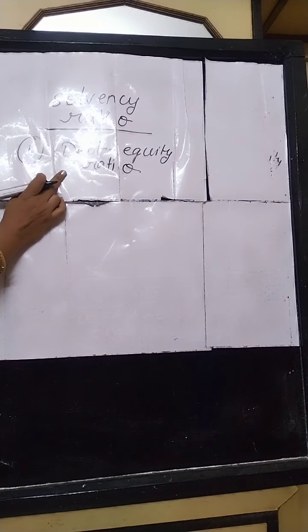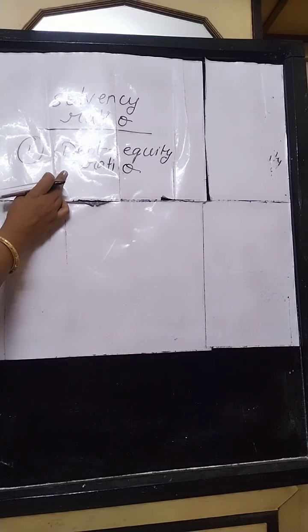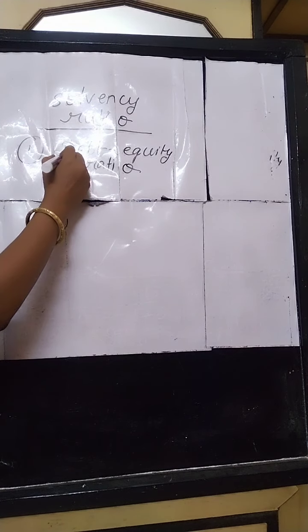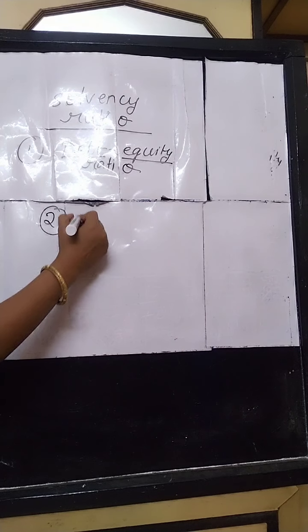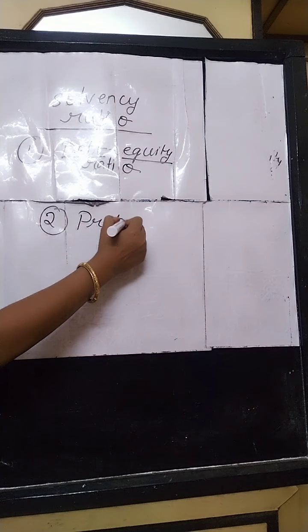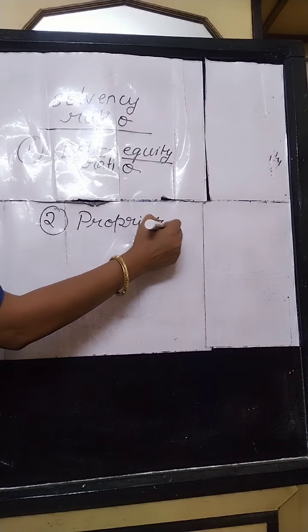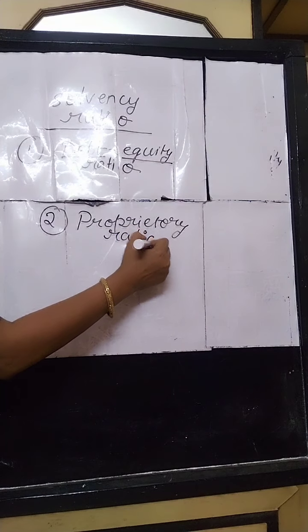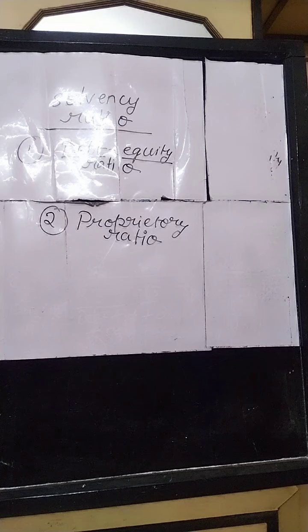This is one type of solvency ratio, and it is very important. The second one is proprietary ratio. This is another important type of solvency ratio.